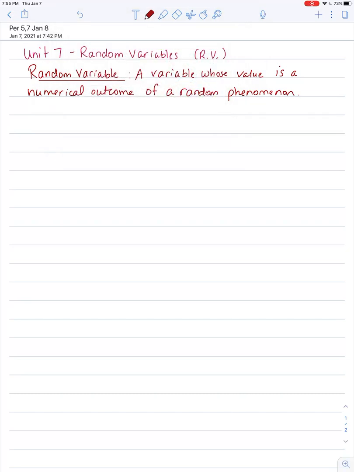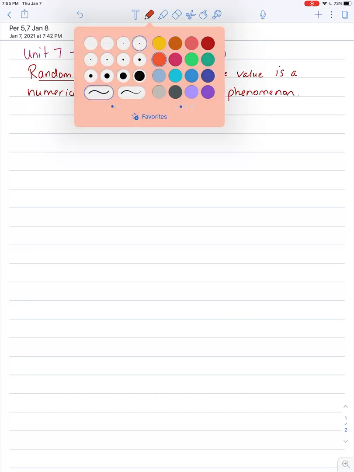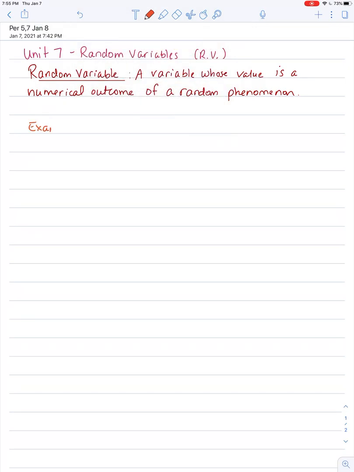So for example, if you flip a coin 4 times, or 4 coins, whatever, there would actually be 16 outcomes because it's 2 to the 4th, because there's 2 outcomes on each coin.